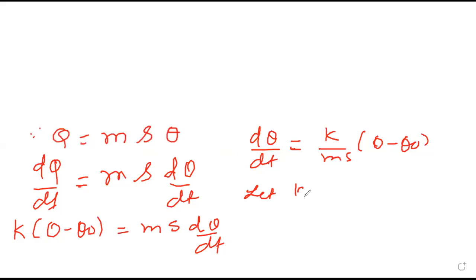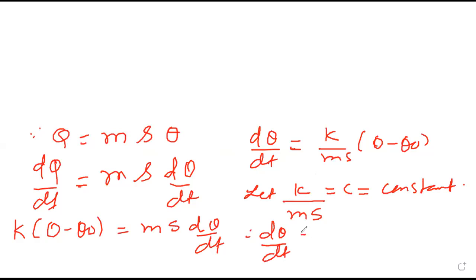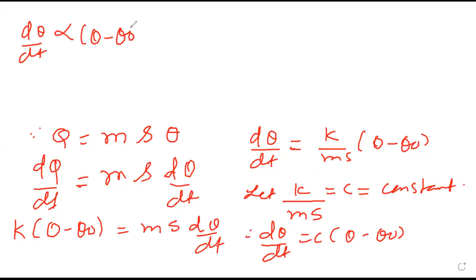Now K is constant, m is constant, s is constant. We can denote it as C. So K upon mass into specific heat is equal to C, a constant. Therefore d theta upon dt is C into theta minus theta 0.